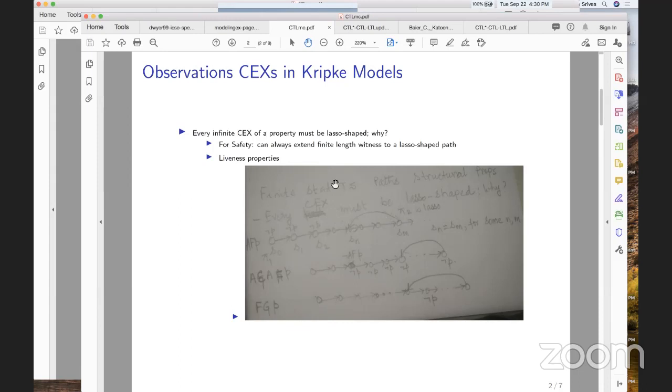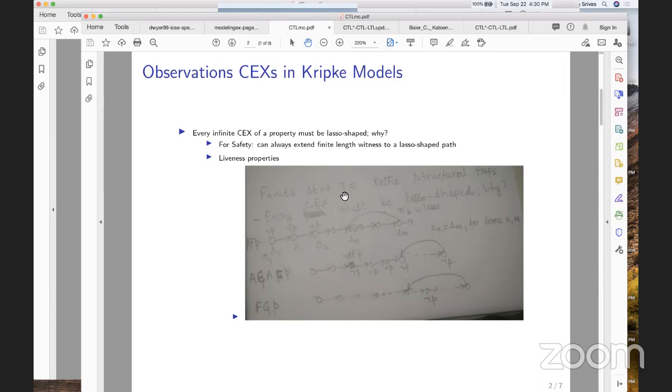Yeah, but if the counterexample is finite, then I can always extend it and make it into a lasso shape. That's a trivial thing. So I proved that for every property, one of the counterexamples is of lasso shape. There will surely exist a counterexample which is of lasso shape. Correct. You're right. This is what I've proved here.